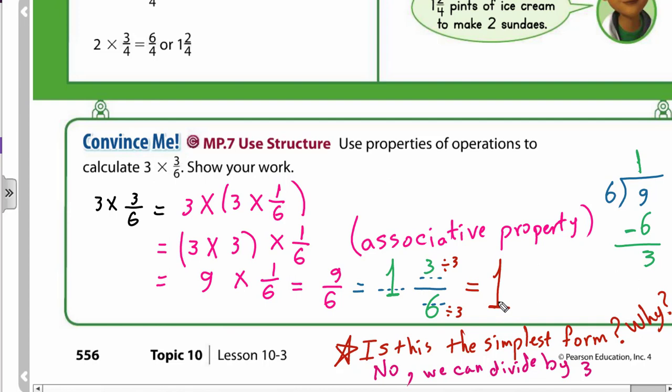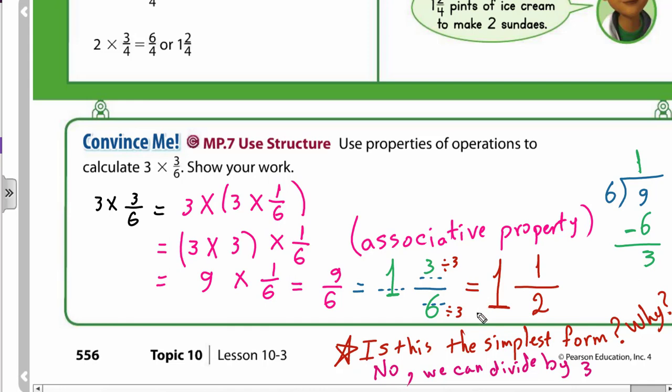The whole one, yeah. Okay. And 3 divided by 3 equals 1 and 6 divided by 3 equals 2. Okay, so it's 1 and 1/2.